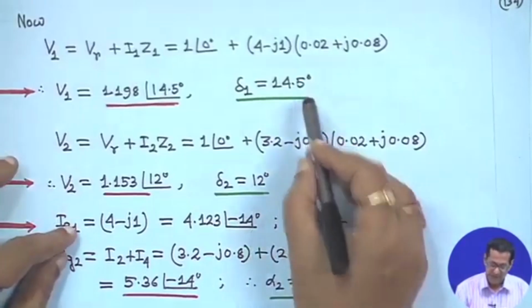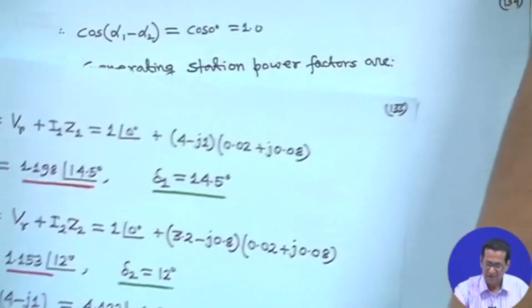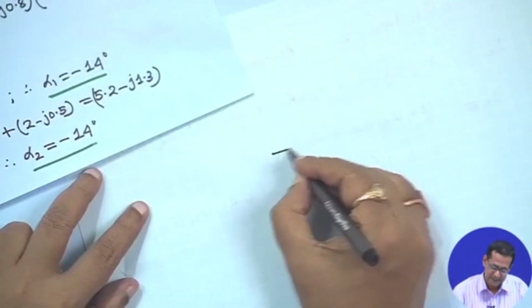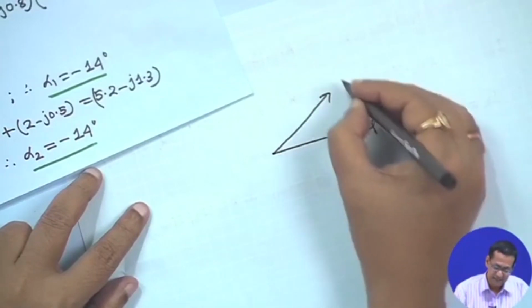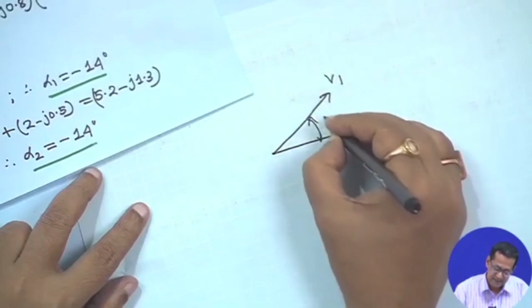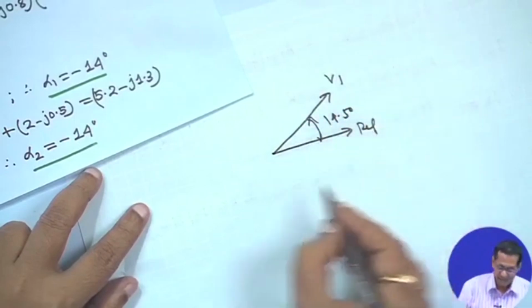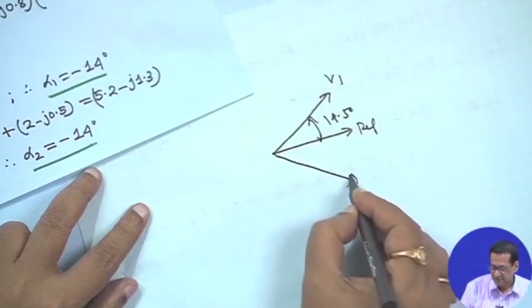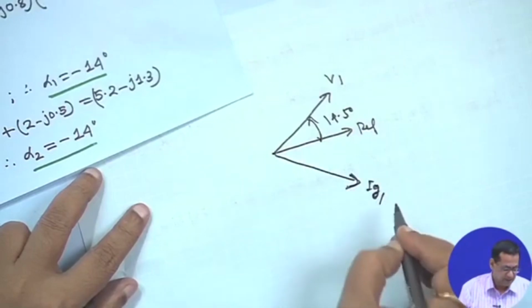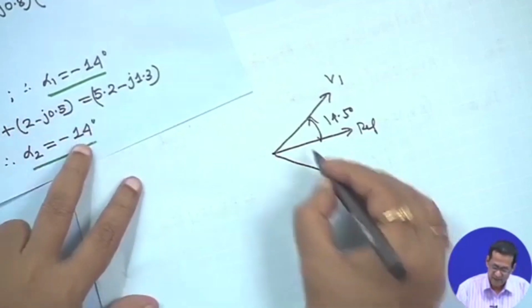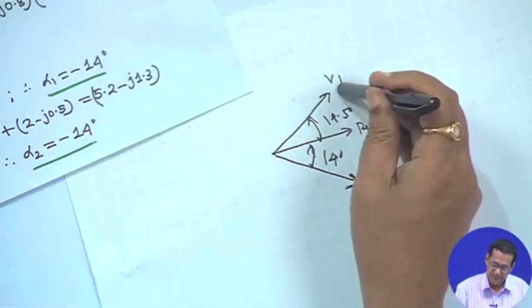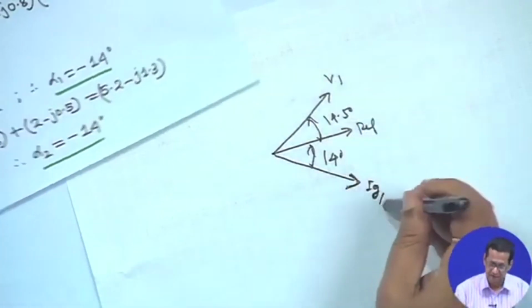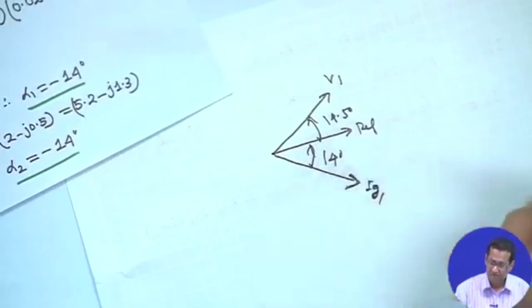From a reference line, it is something like this, as I have told you earlier also. If this is a reference line, this is your voltage V 1, this angle is 14.5 degree, and the current I g 1 is lagging from the reference by 14 degree. So the angle between voltage V 1 and current I g 1 is 14.5 plus 14 degree.